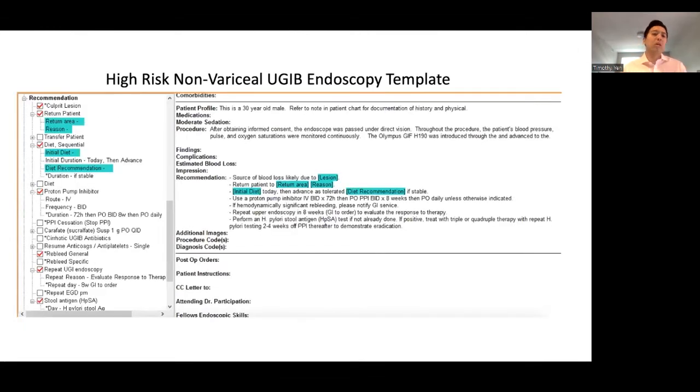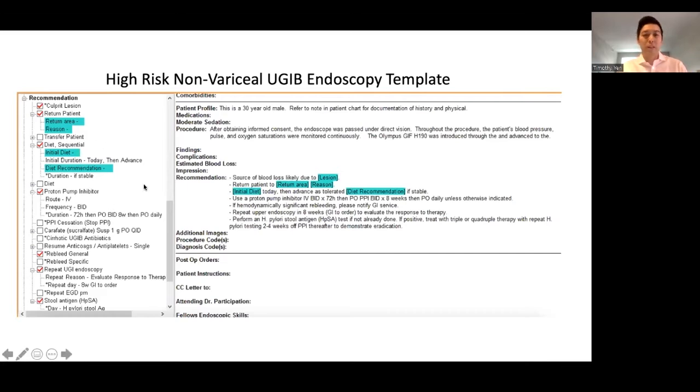So this was an example of one of the templates that I created. On the left is a section where you can see these are pre-selected dropdowns. Before these templates, all you had was just this category that said recommendation, and then you would have to go through and look for every single one of these statements.